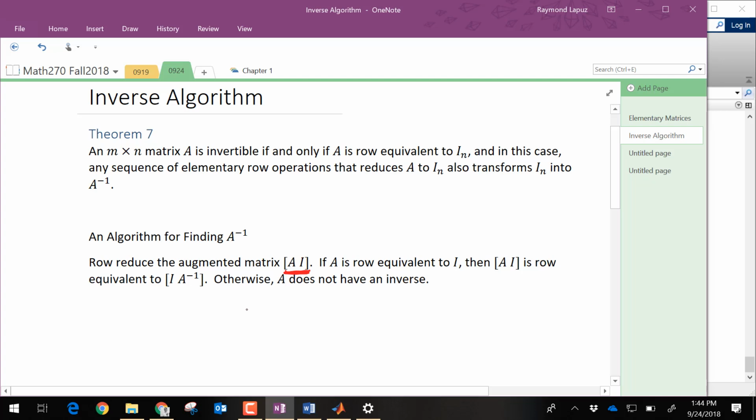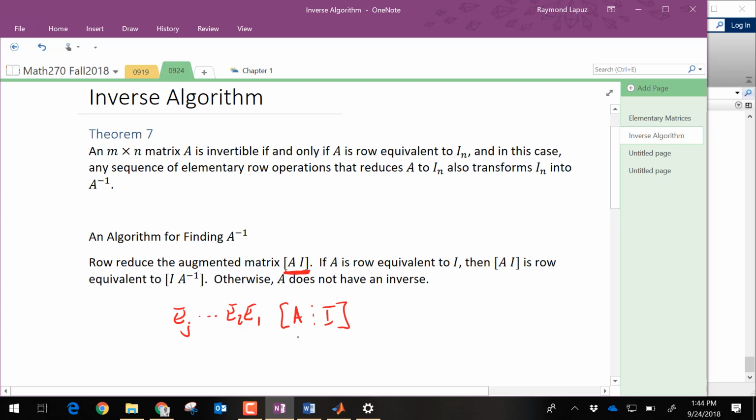So if you're doing the E1, E2, all the way up to whatever we had, let's do EJ, on this matrix, you're actually doing it on both matrices, even though it looks like it's just one big matrix. You're actually doing it on both matrices at the same time.